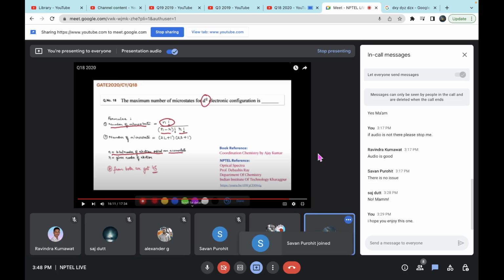So if you have any doubt, you can ask. Also, do you guys know that this microstate table also gives me the number of actual terms associated with d2?